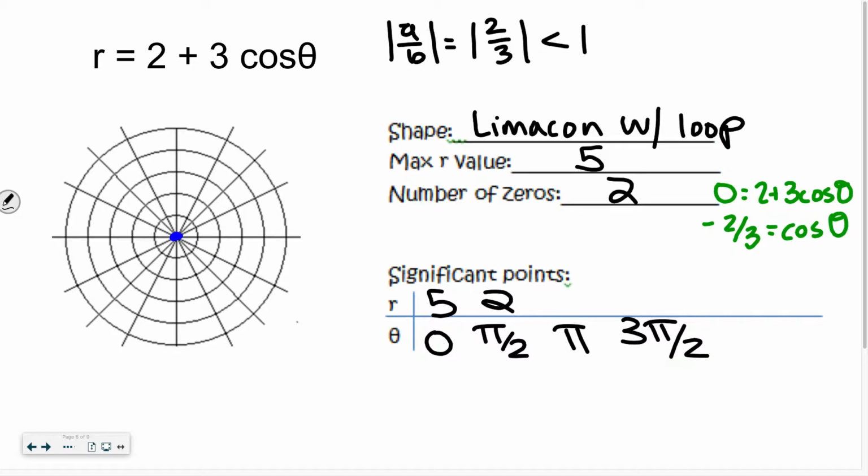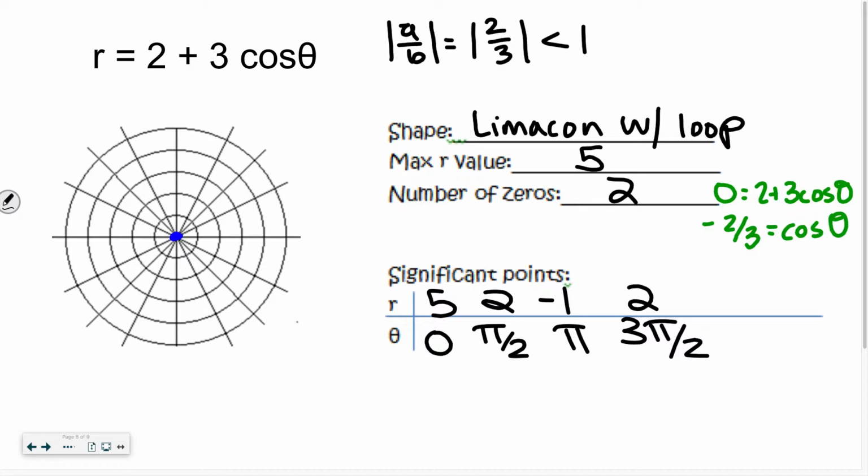Pi. What is the cosine of pi? Negative 1 times 3 is negative 3, plus 2 is negative 1. Okay, so that has a negative R, which means when I go to pi, I'll go in the opposite direction. And then 3 pi over 2. Cosine is 0 again, plus 2 is 2. And if you want to put 2 pi in, that's great. You're going to get 5 back out.